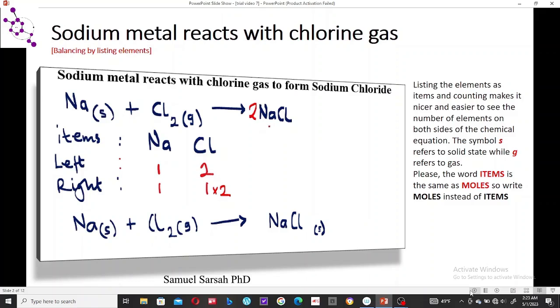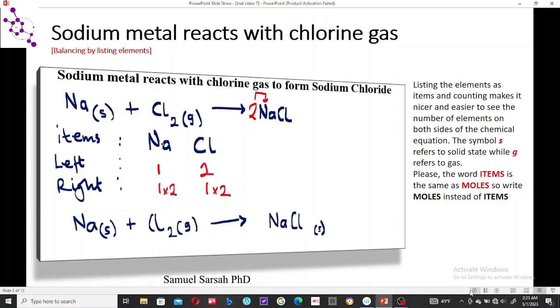So this 2 here means right now we have 2 chlorines here, and then we have 2 chlorines here, so the chlorines are fine. Now this 2 also affects this sodium, so that means that on the right side we have 2 sodiums.